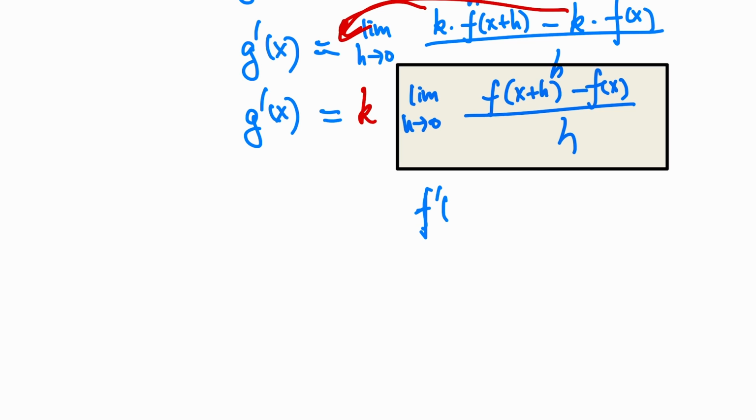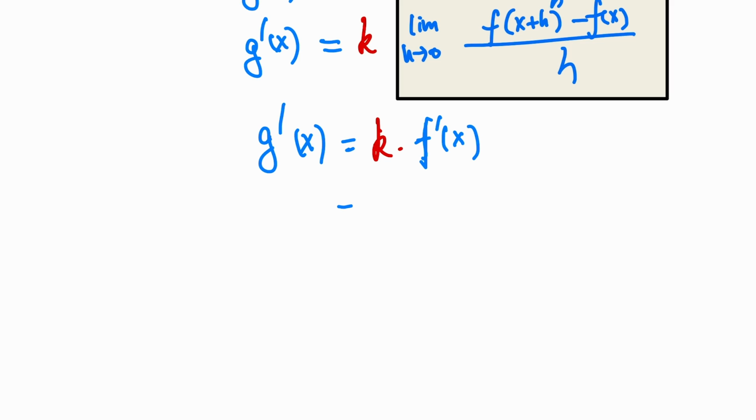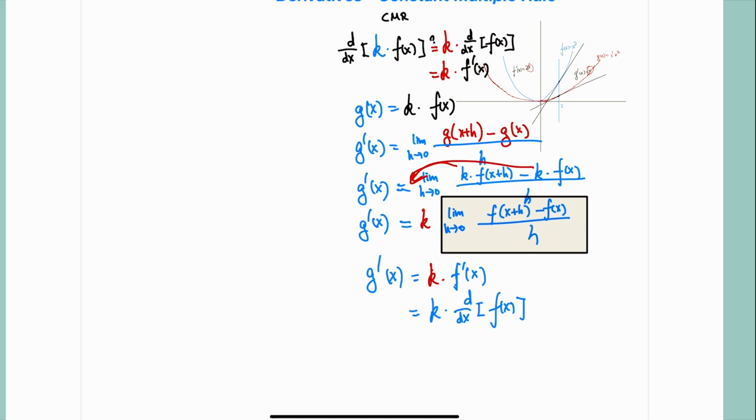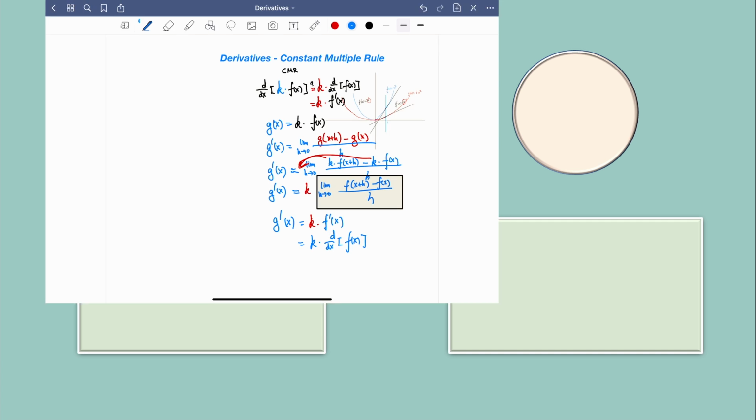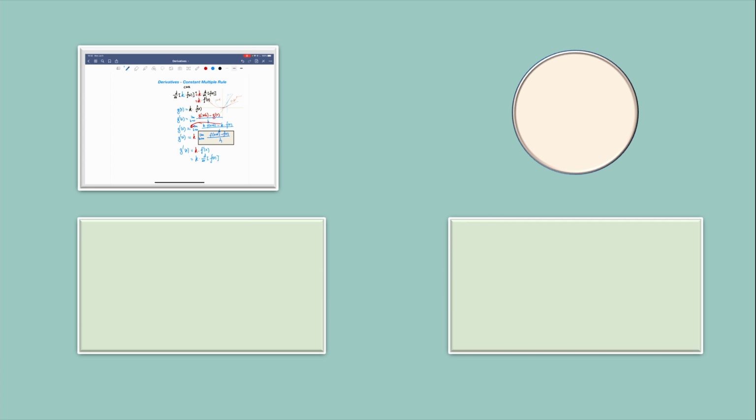There is a k in front of it, and that is g prime of x. And we can, of course, rewrite this as k times d dx of f of x, as that is basically the same thing. And now we have proved the constant multiple rule.